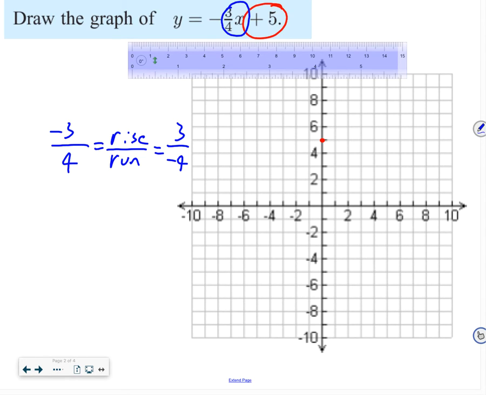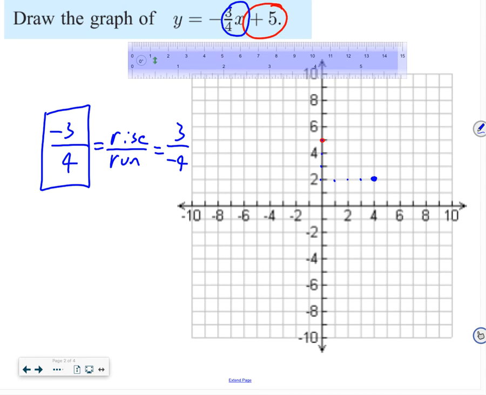So starting here, my rise, I'll do this one first, so negative 3/4. So remember, with a negative gradient, I'm expecting going downhill as I look at this graph from left to right. So I'm going to go down 3, so that's 1, 2, 3, and then over 4. 1, 2, 3, 4, and I've plotted my point.